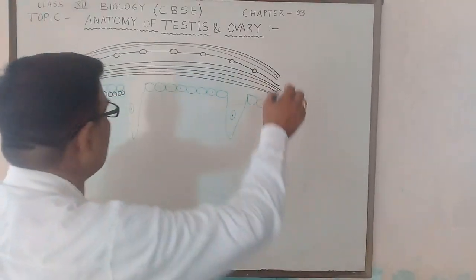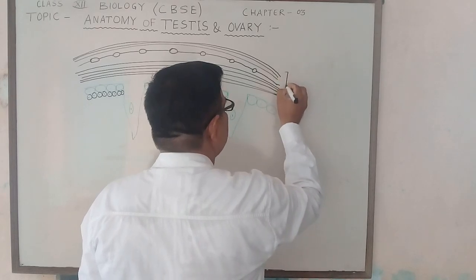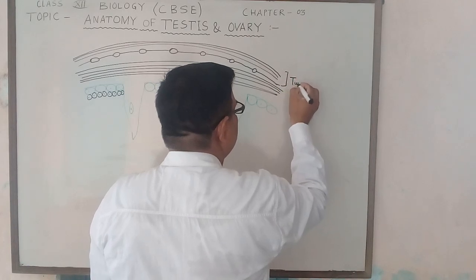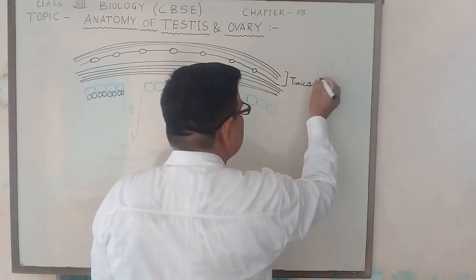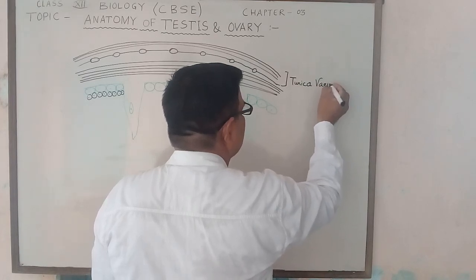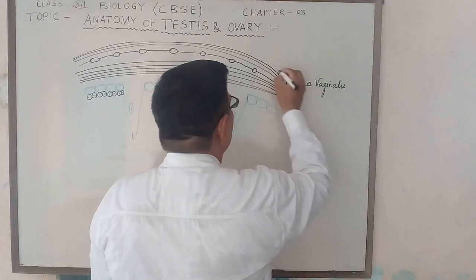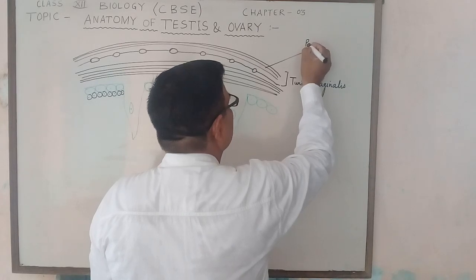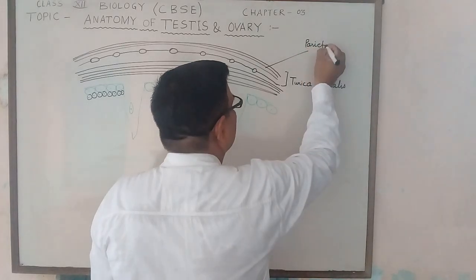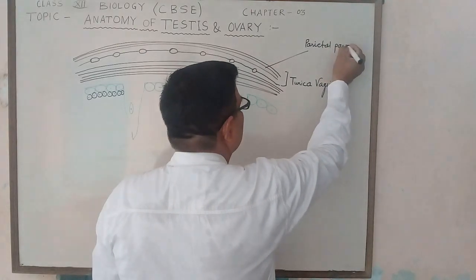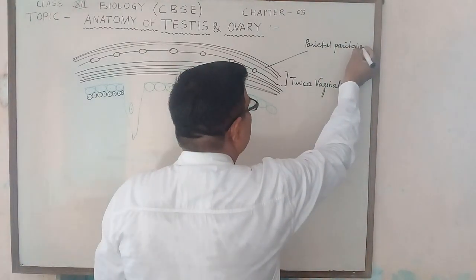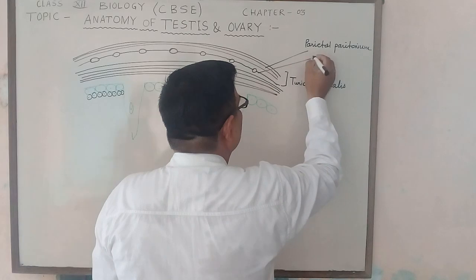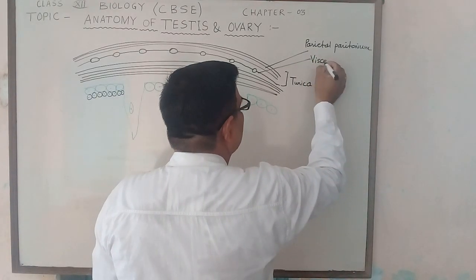In this way, the outermost membrane is called the tunica vaginalis, which generally has two parts: the outermost, called parietal peritoneum, and the innermost layer, called the visceral peritoneum.